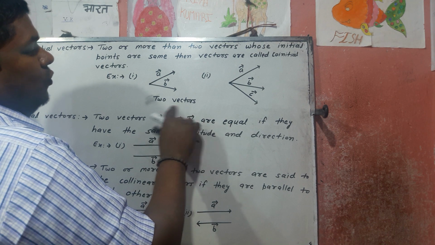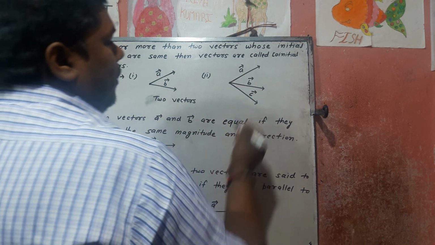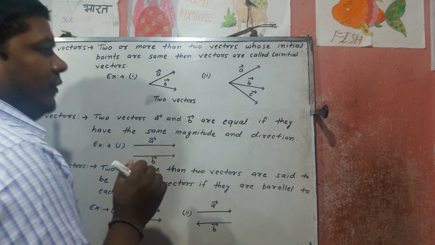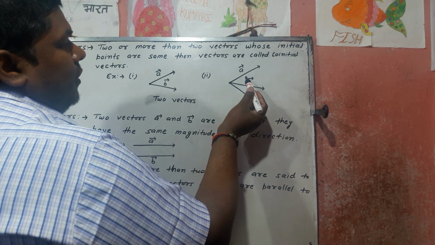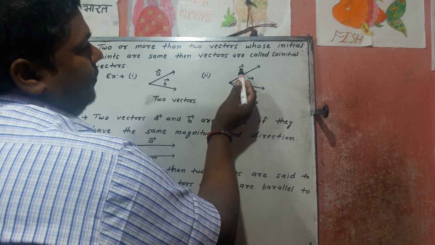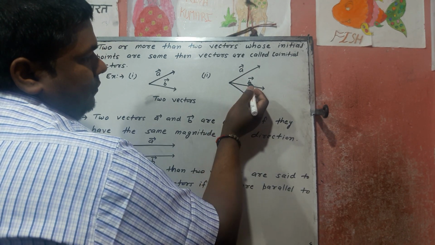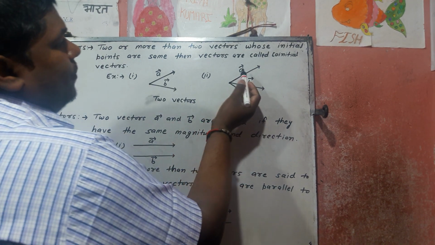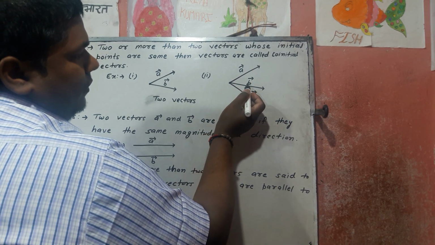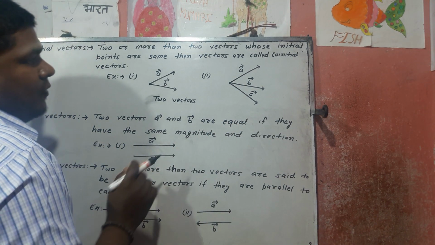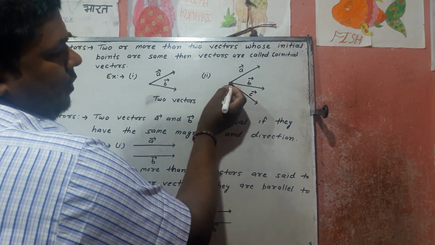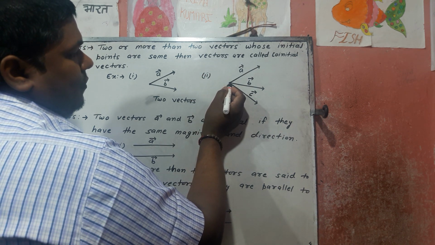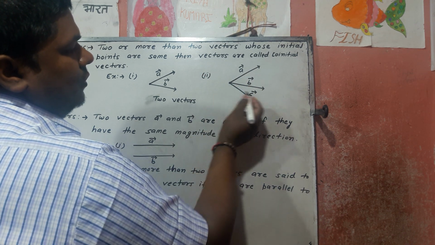Here two vectors. Now we take more than two vectors, that is three vectors, vector A, vector B and vector C. A vector, B vector and C vector are starting on same initial point.